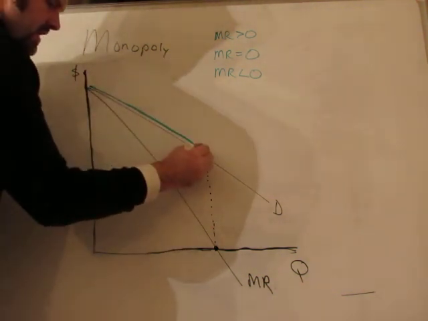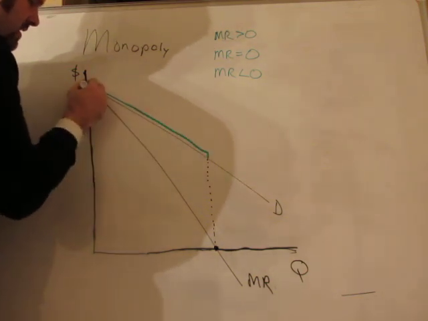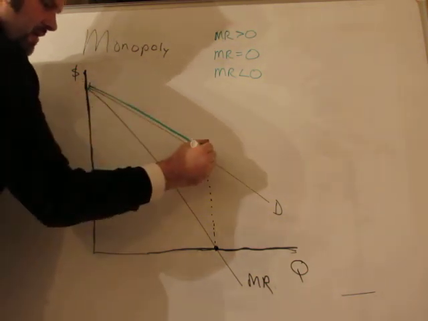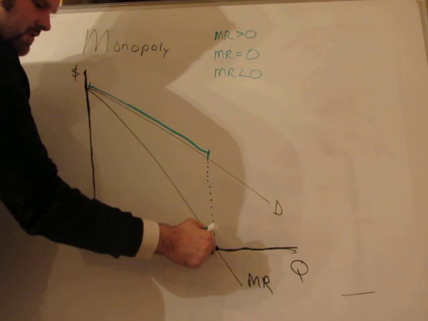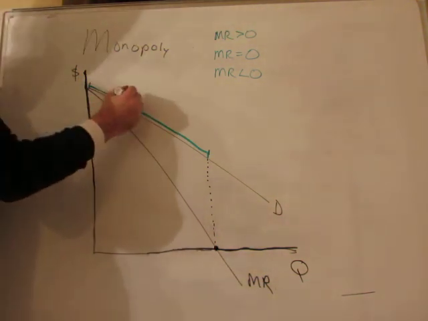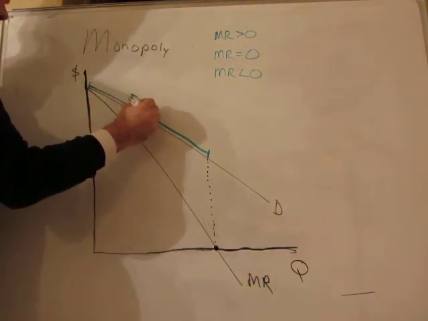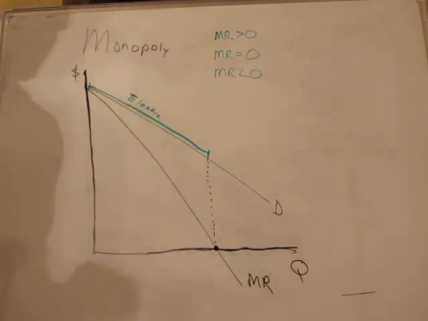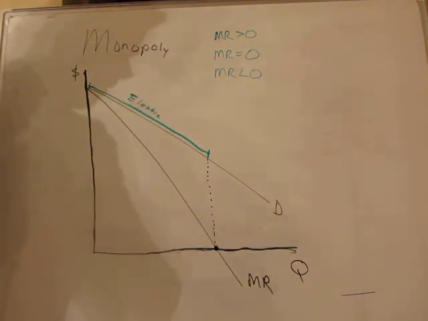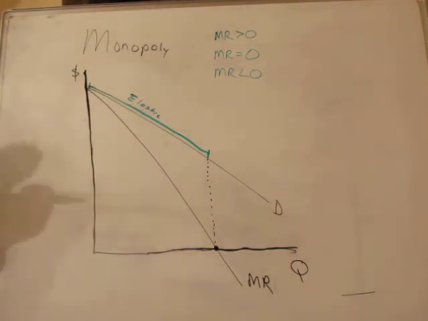So this whole segment of our demand curve is what we're talking about here, because that is where marginal revenue goes negative. This portion of our demand curve is elastic. That makes sense because we know from our supply and demand unit that if a good is elastic and you cut the price, then your total revenue is going to increase.